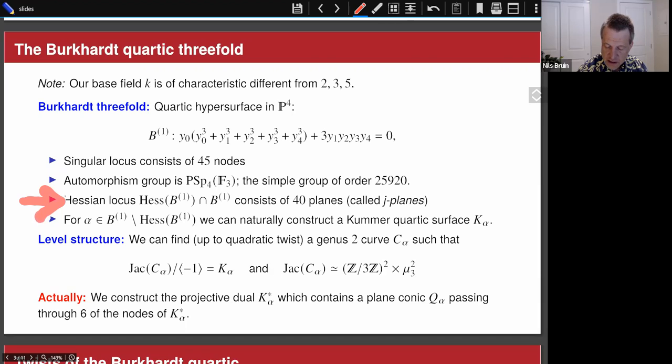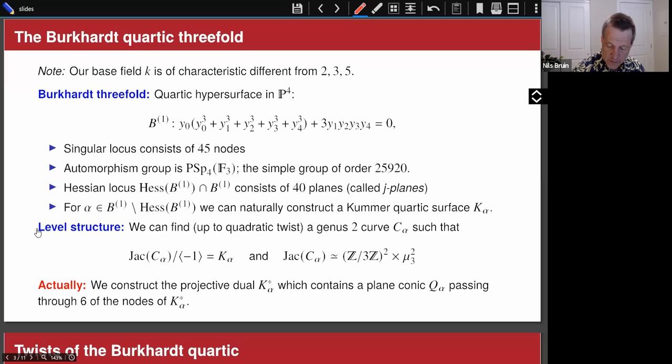And there's a special locus on the Burkhardt, which consists of the vanishing of the Hessian. If you intersect that locus with the Burkhardt itself, you get a union of 40 planes. These are called the J-planes. They play an important role in various interpretations of the Burkhardt quartic. In particular, if you take a point in the complement of the Hessian, then you can naturally construct a Kummer quartic surface from that point.